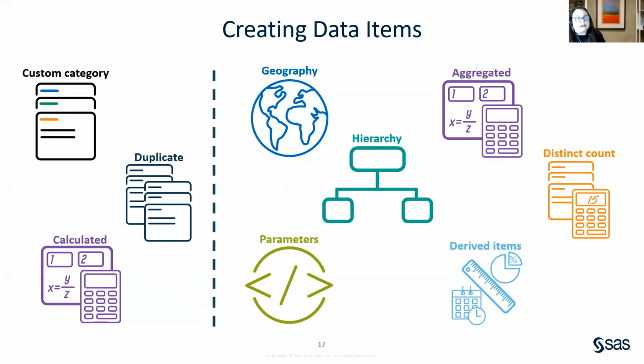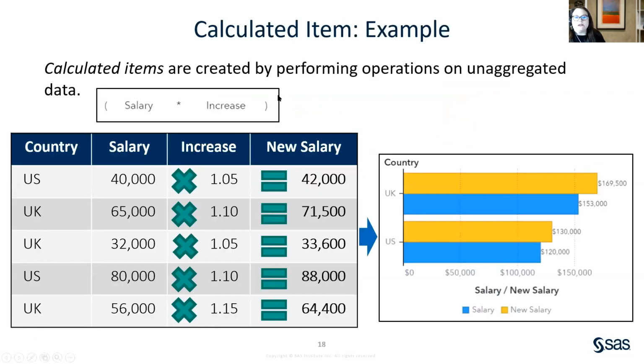We can also create them within Visual Analytics. The other ones on the right-hand side can only be created in Visual Analytics. So I can't create a geography data item in Enterprise Guide. These are items that need to be created in Visual Analytics.